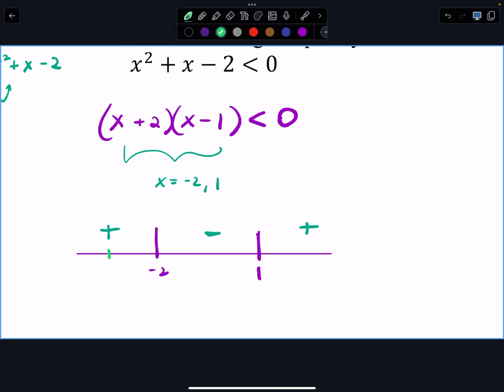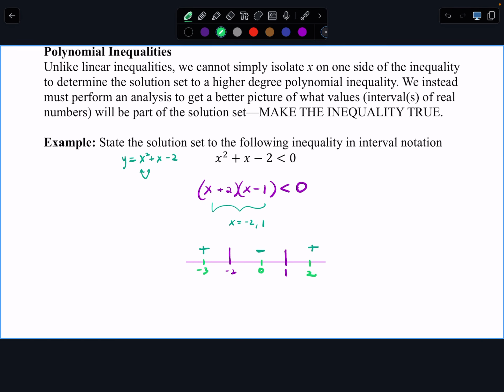If you used -3, a value to the left of -2, then a value between -2 and 1, like 0, and a value to the right of 1, you plug into either x squared plus x minus 2 or the factored version.